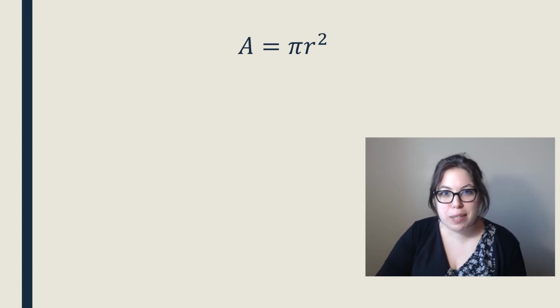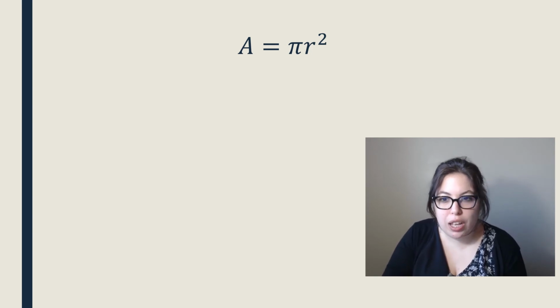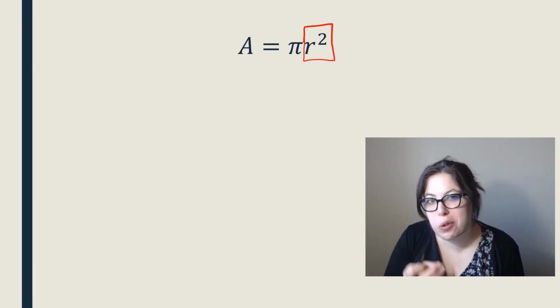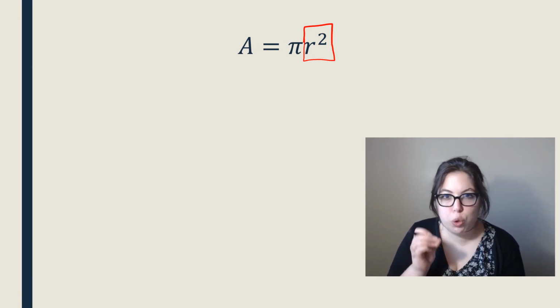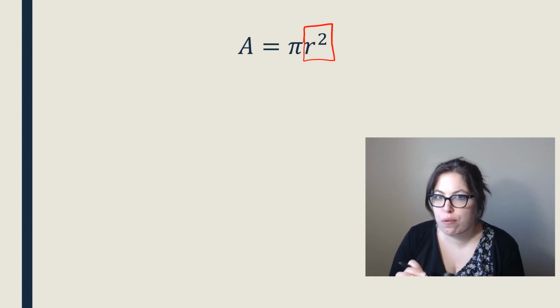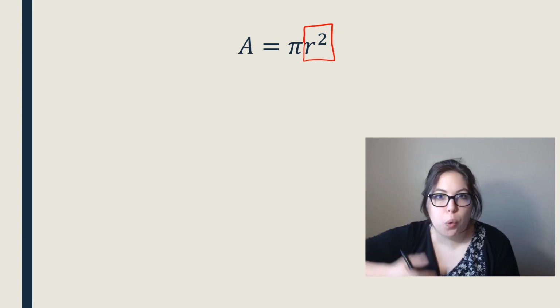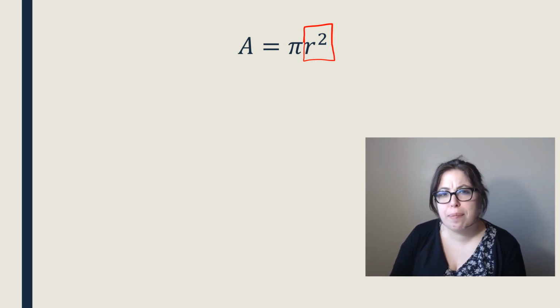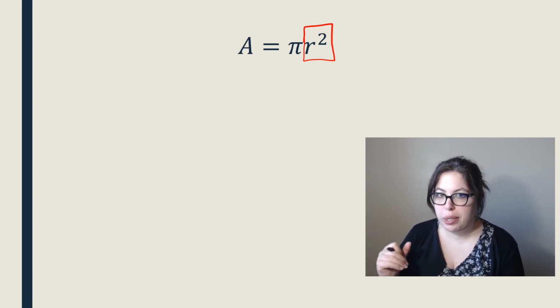I have to ask myself, what is everything doing to pi? Well, this r squared is all one thing. The square goes to the r. The only time that I have to do anything with that is when I'm solving for r and I want everything to go away from it. But I can move the entire thing to the other side just by asking myself, what is it doing to pi?